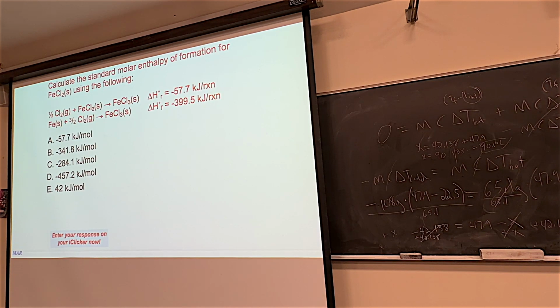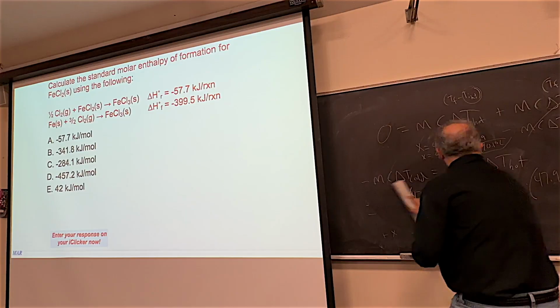All right. This is kind of a weird combination of delta H reactions and Hess's law. But what you want to do is solve for making 1 mole of FeCl2. We want to find that delta HF for FeCl2. So let me do this while I'm a little bit on the board here.